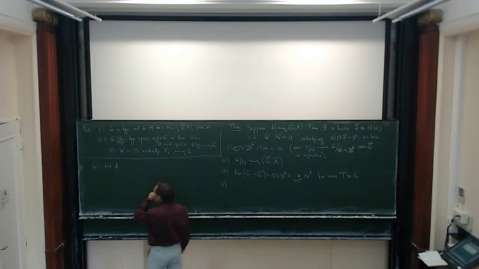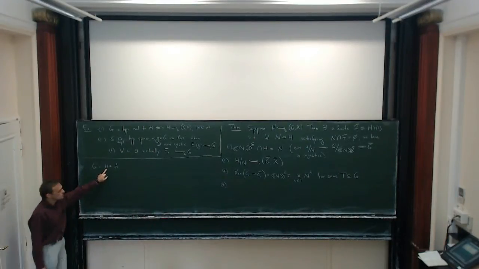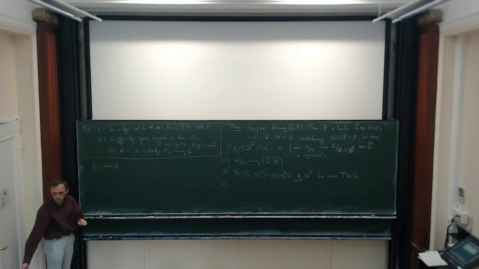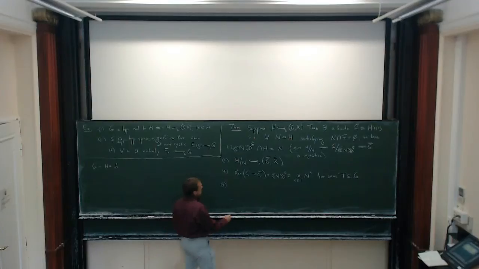Number 4. In this situation, what if you take not just one normal subgroup, but a sequence of normal subgroups which become smaller and smaller? Then the whole free product is approximated by these quotients, right? So here you have the same situation.